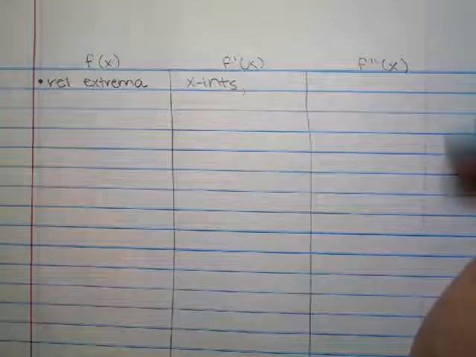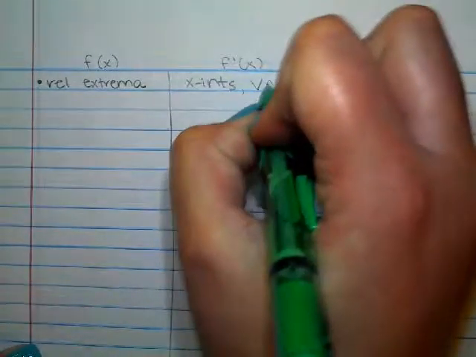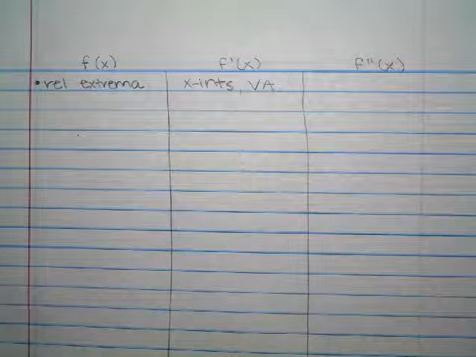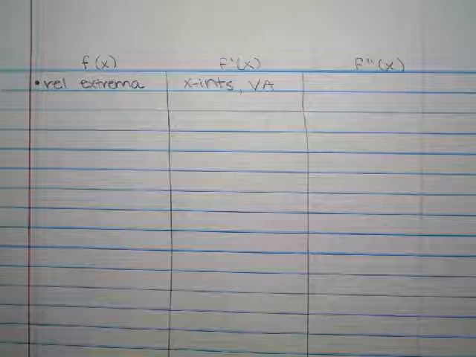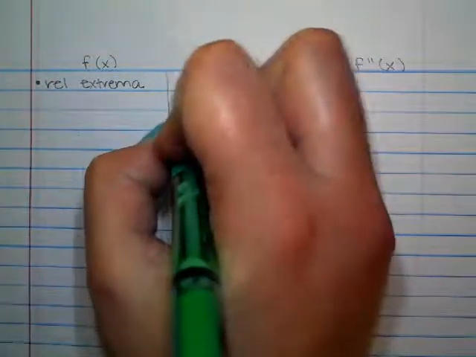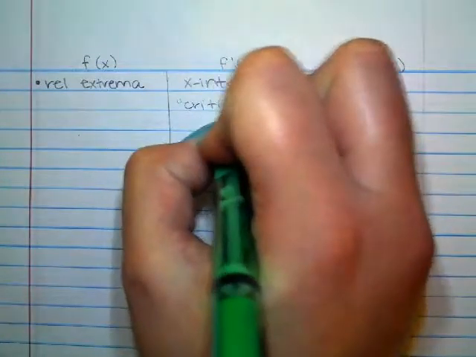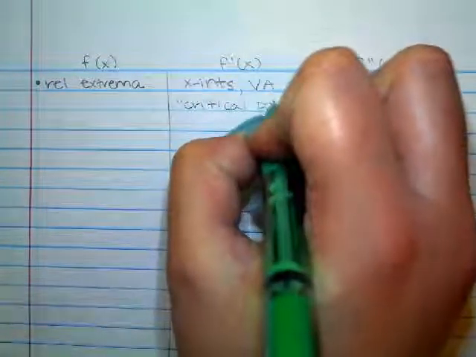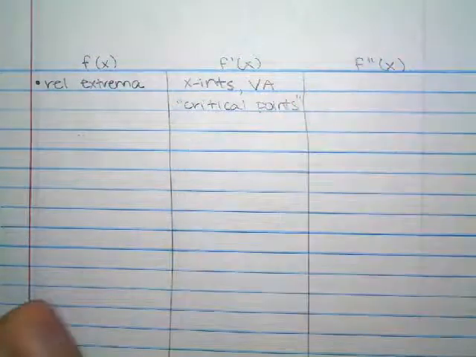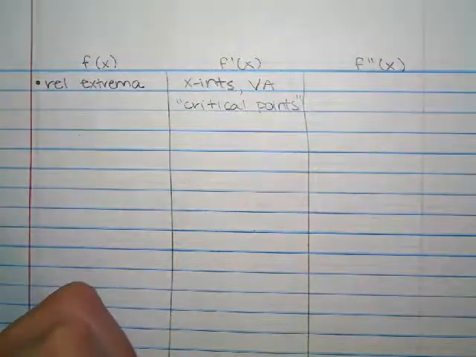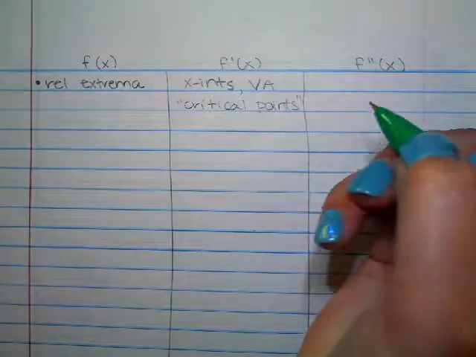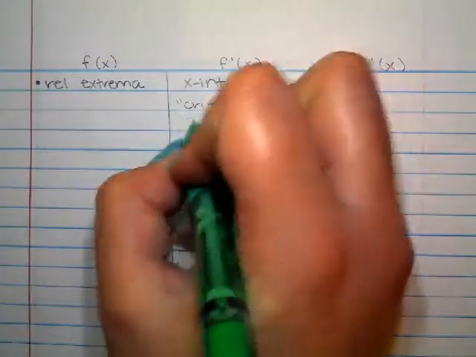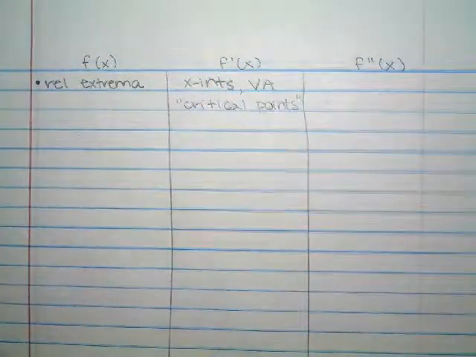We're thinking vertical asymptotes for sure, but places of some weirdness, because that is where f prime of x is undefined, okay? So here, these are our critical points. X-intercepts, vertical asymptotes.